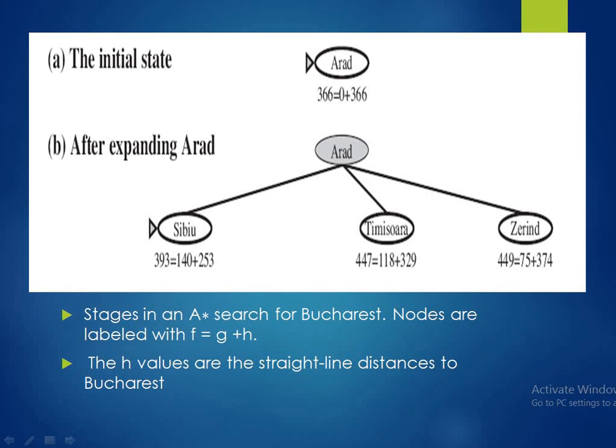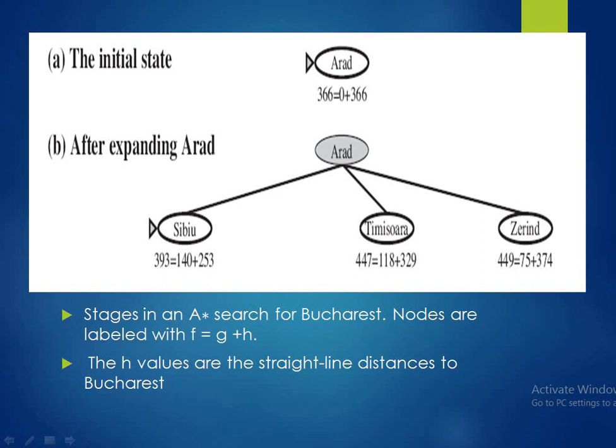Here we can see the search tree. The initial state is Arad, and here f of n is calculated: f is equivalent to g plus h. The g cost is equal to 0 and the h cost is 366, so the f value from Arad to Bucharest is 366.